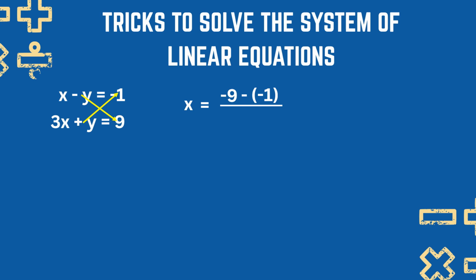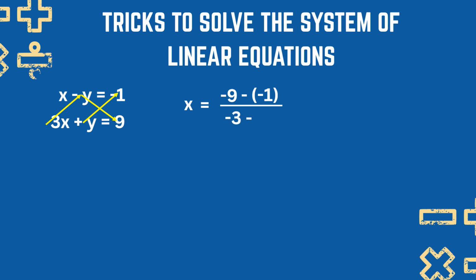So this is the first one. We're going to multiply the numerical coefficient of x in the second equation, which is 3, to the numerical coefficient of negative y in the first equation, which is negative 1. So 3 times negative 1, this is equal to negative 3.